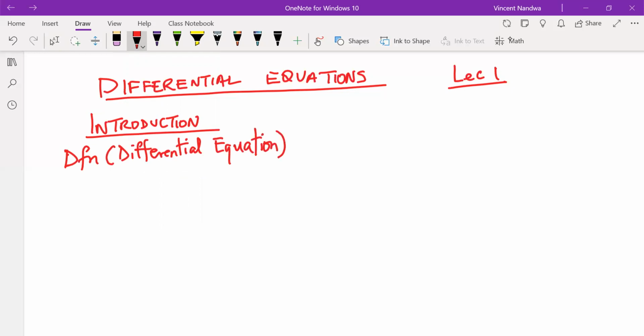Now we start by defining what we mean by a differential equation. So an equation containing the derivatives of one or more unknown functions with respect to one or more independent variables is called a differential equation.